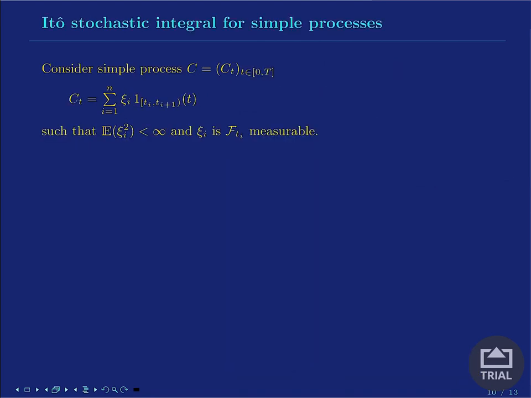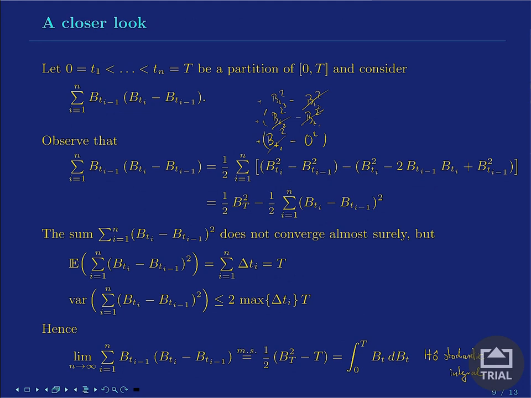Now, this is a very special case. We will see that we rarely can evaluate the stochastic integrals explicitly, but we can derive a number of properties, which we will do later in the session.